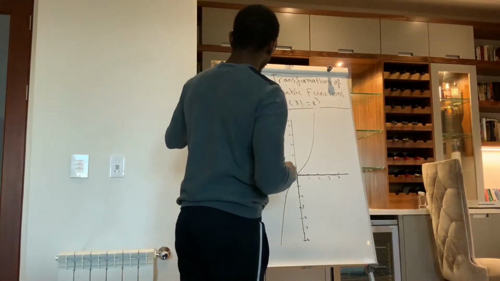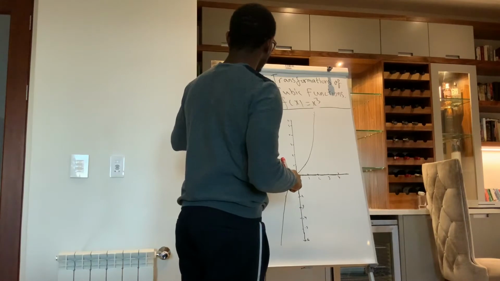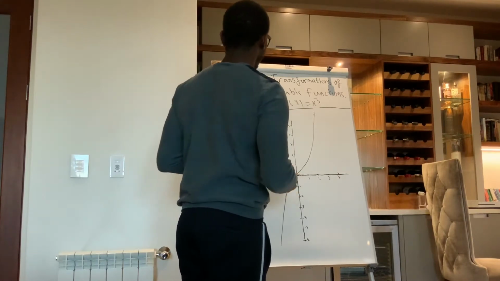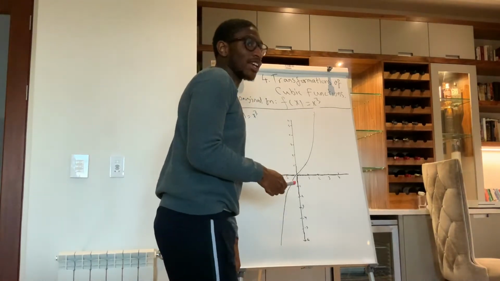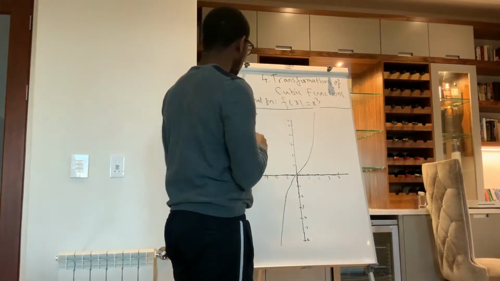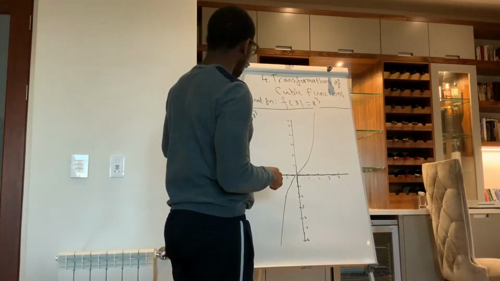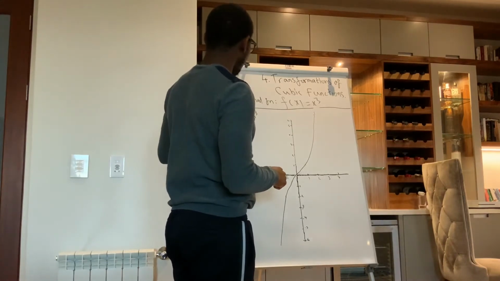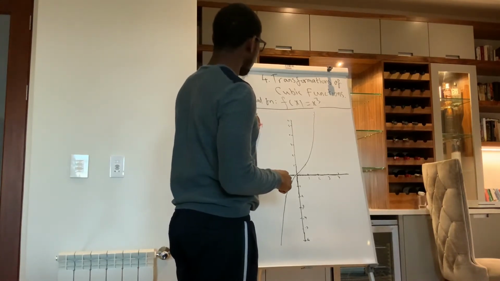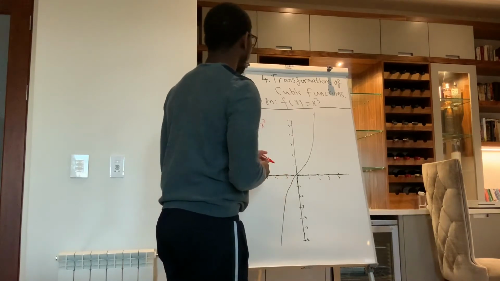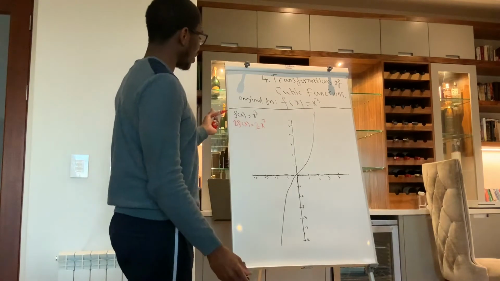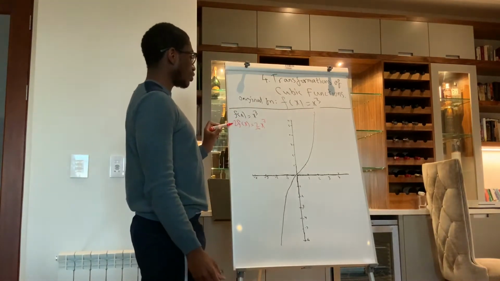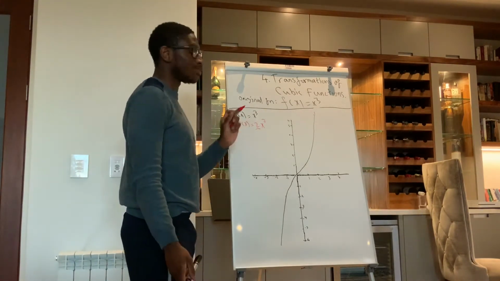In black, put f of x, the original function, equals x cubed, and now we're going to try and draw the image of this new function, which is 2f of x, which is 2x cubed. Basically, this is a transformation of the original function f of x, where the function is multiplied by a scalar multiple. The scalar in this case is 2.